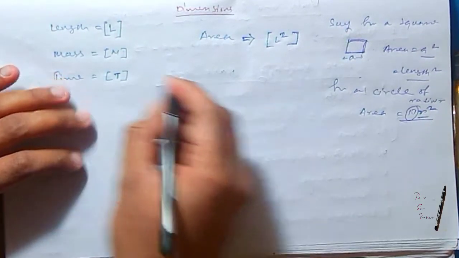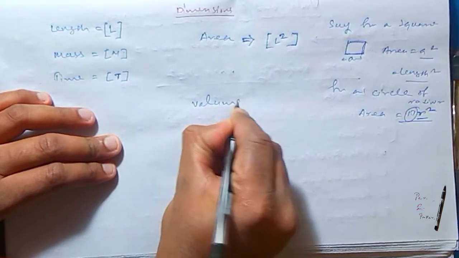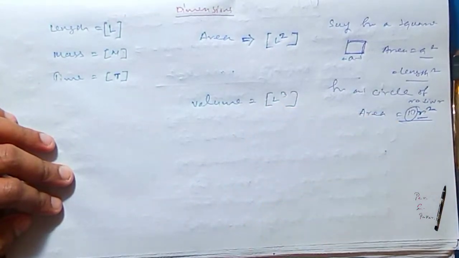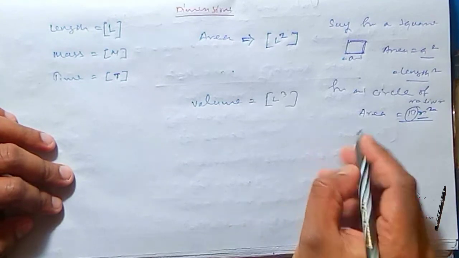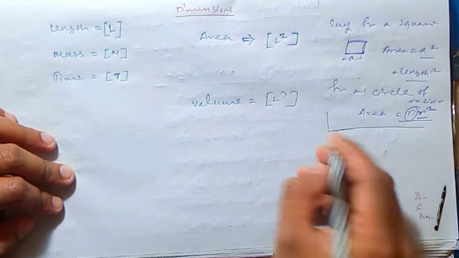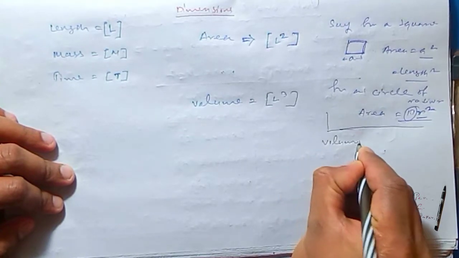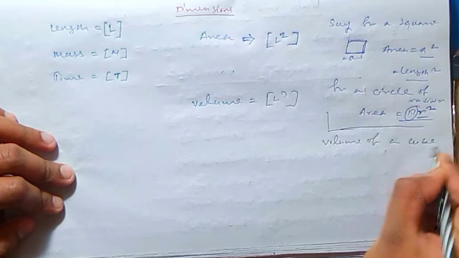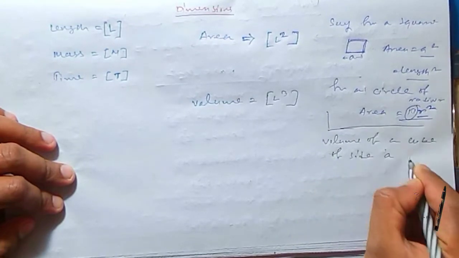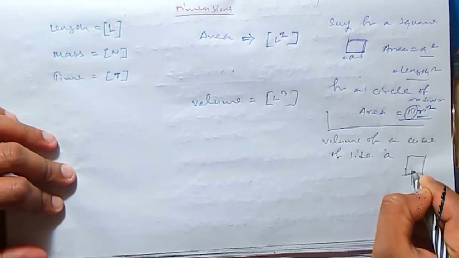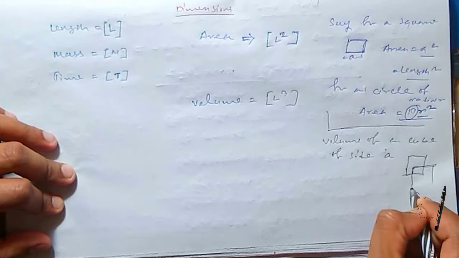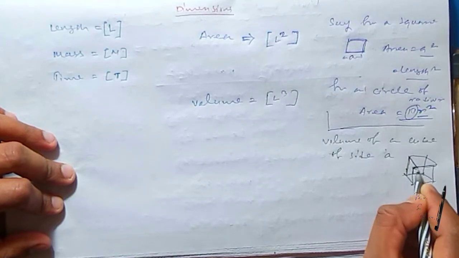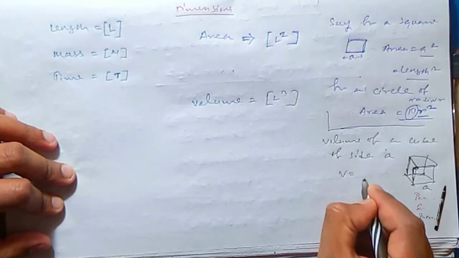Now the dimension of volume is L cubed. Similarly, if we find the volume of a cube of side a, the volume is a cubed.